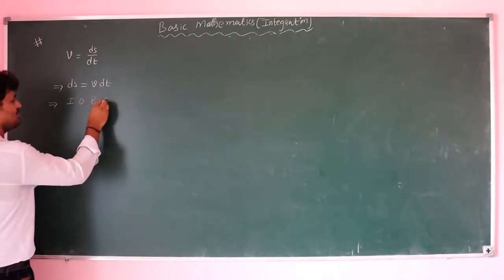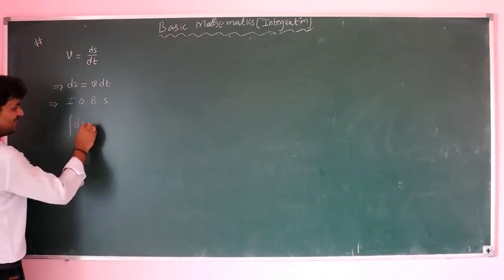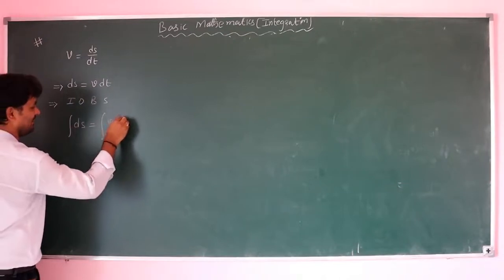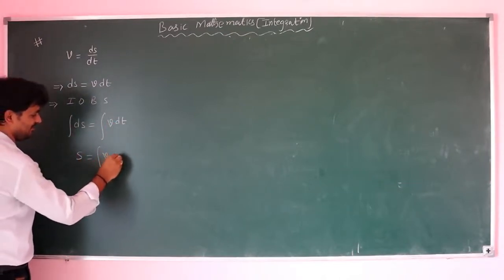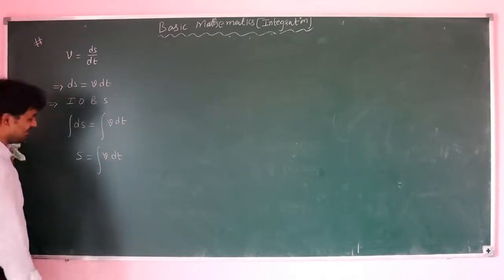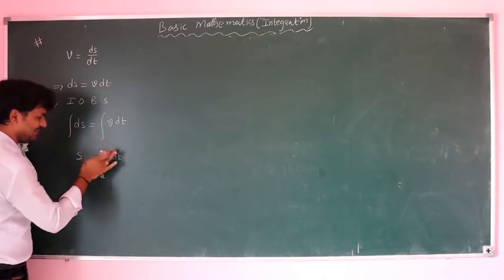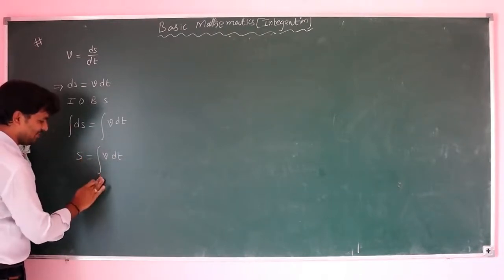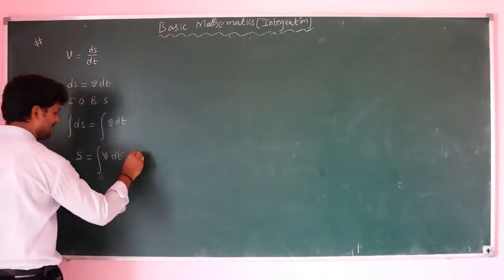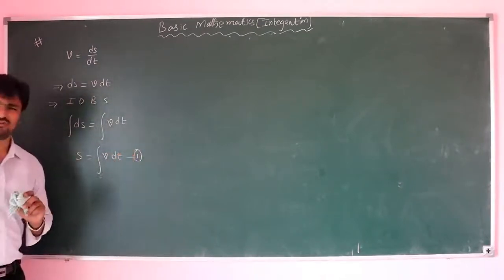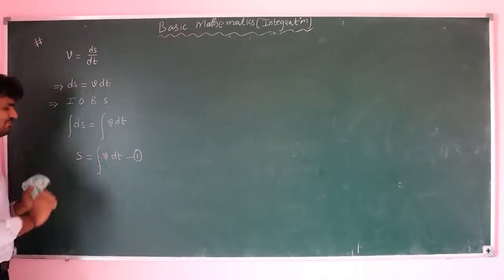That comes to integral ds is equal to integral v dt, with limits from u to v, or the value you can put as at. So whatever you do, you get the further expression. This is equation 1.